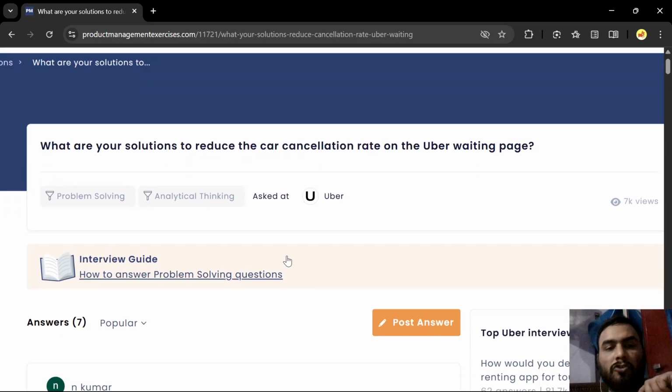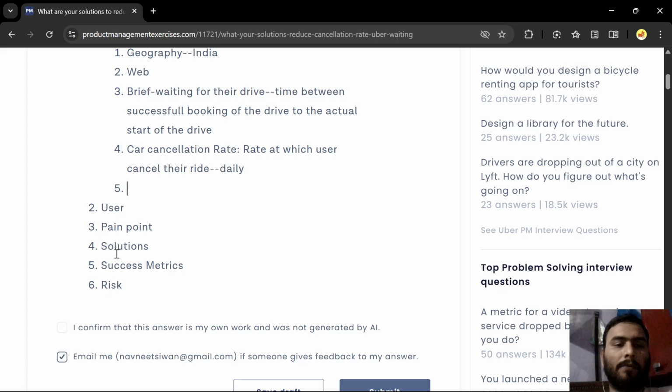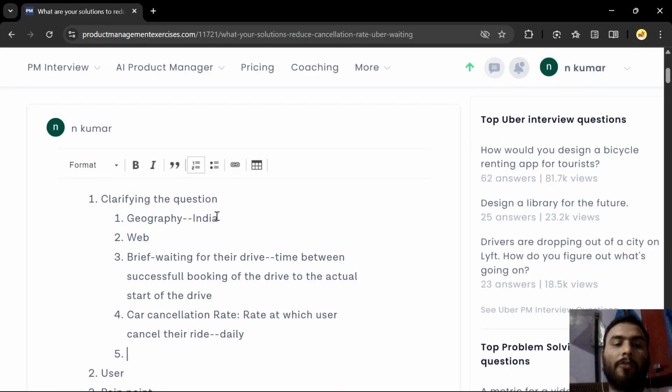And now if you think about the solution part, what exact solutions we can think about, that we will think in when we talk about the solution. For now, it is clear that we need to reduce the daily number of car cancellations, and let us clarify a bit further that the rate is in percentage terms. And for this conversation, let us take it as 10% car cancellation, daily 10%.